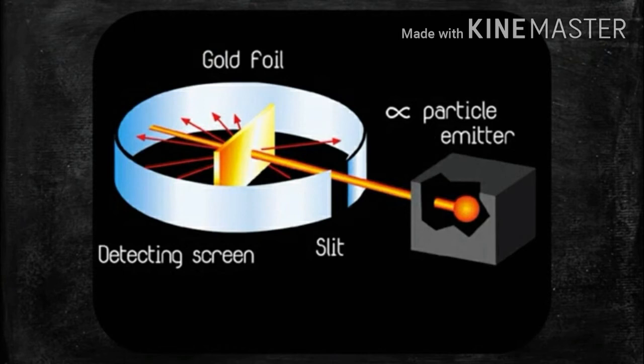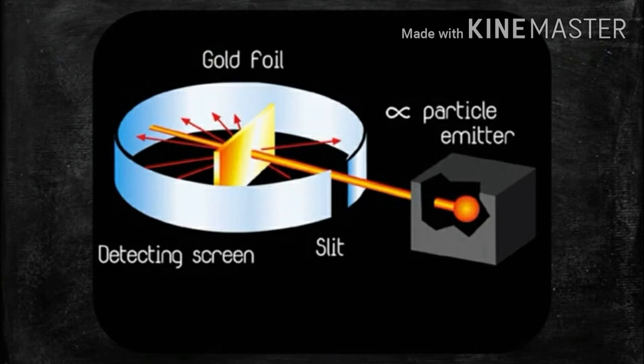A still smaller number of alpha particles get deflected through a larger angle, and surprisingly, one alpha particle out of 20,000 bounced back in the direction opposite to the original path. You can see in the picture.